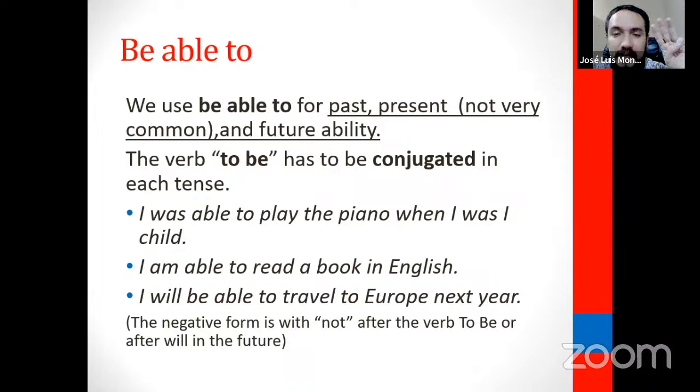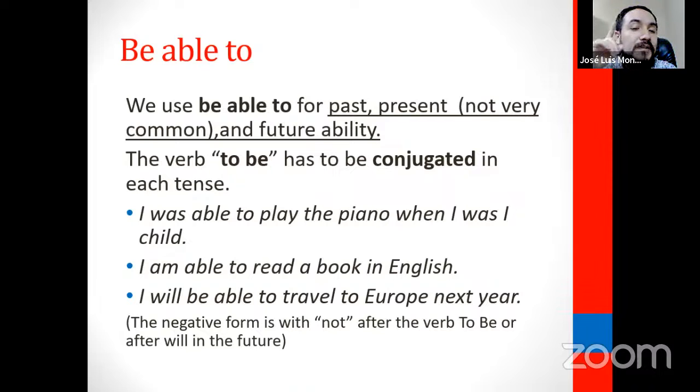Of course, it is more common to use it in past and future, but you have it for the three tenses. So here, be has to be conjugated, right? We don't say I be able to. We say I am able to, he is able to, we are able to. So that's the logic of conjugation.